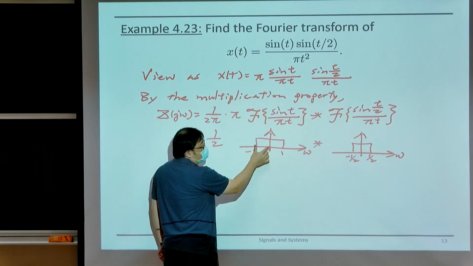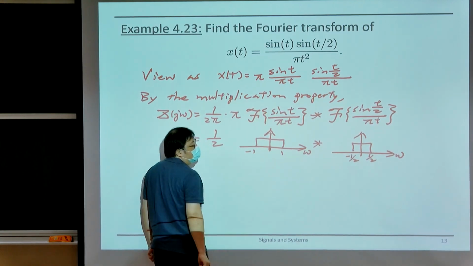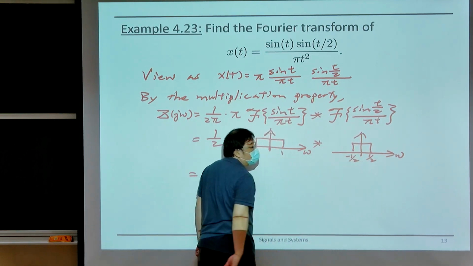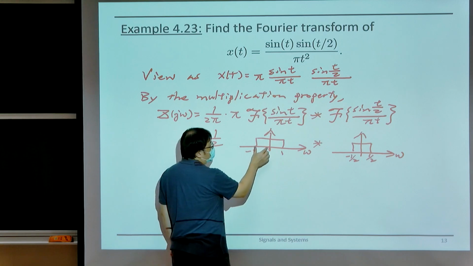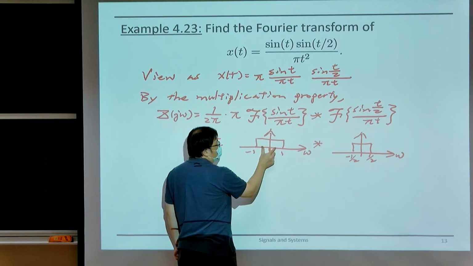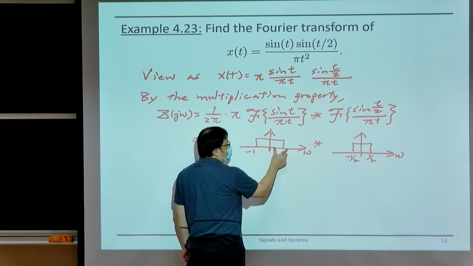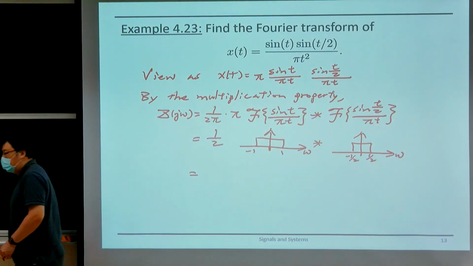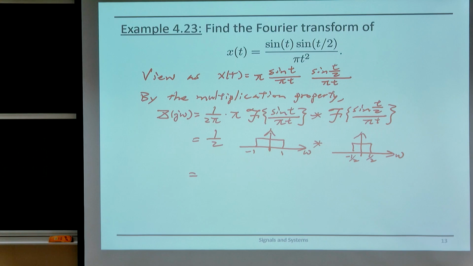Once they overlap completely, the convolution is just the area of this square, which is 1. It remains at 1 over this period, then starts to decrease again and goes to 0. If you work this out, you will get something like this.